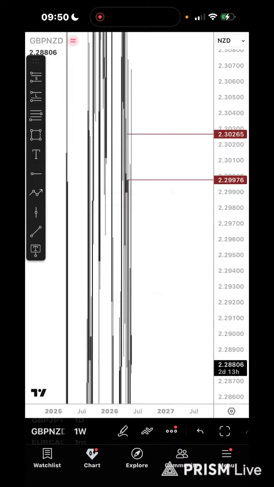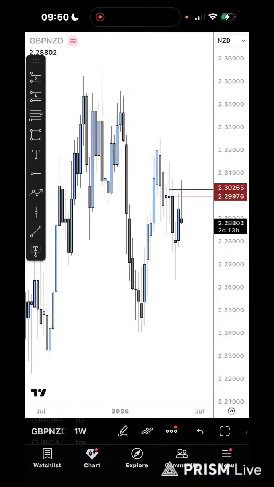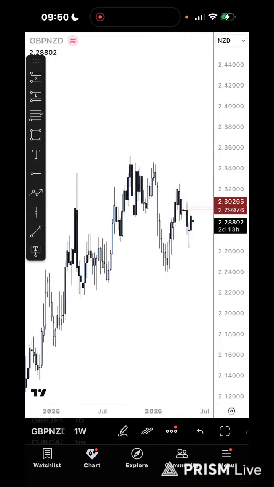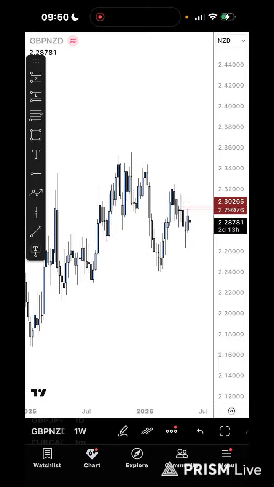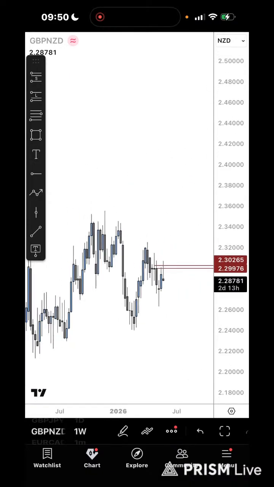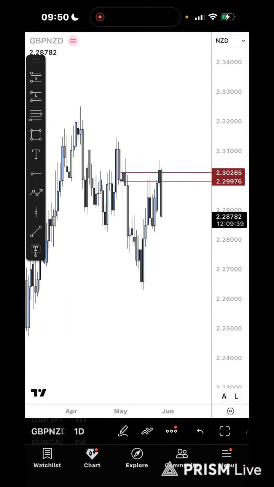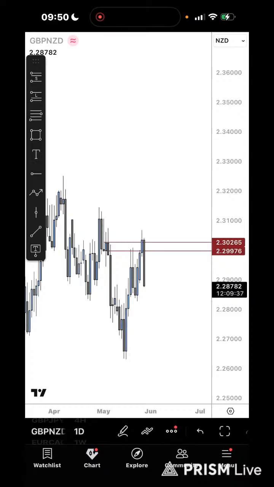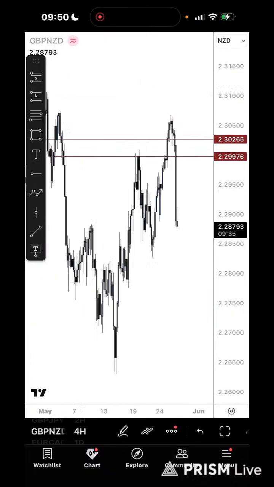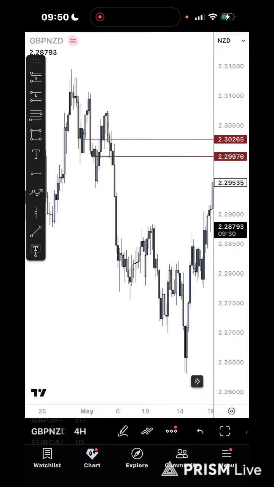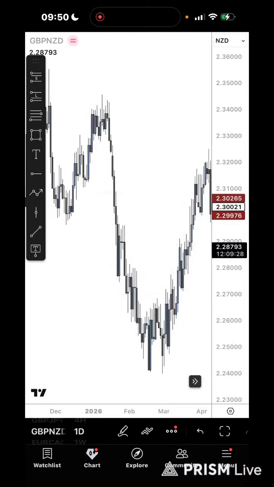Starting off with the weekly time frame. What do we have? Well, here on the weekly time frame, we are bullish. We did take out some short-term lows, but we didn't take out swing lows. It's a bit of a weird one because I would actually say we're bullish, or bearish rather. We filled this fair value gap here. I'm assuming it's a fair value gap. I'm not actually sure where it's from. What time frame could that even be from?